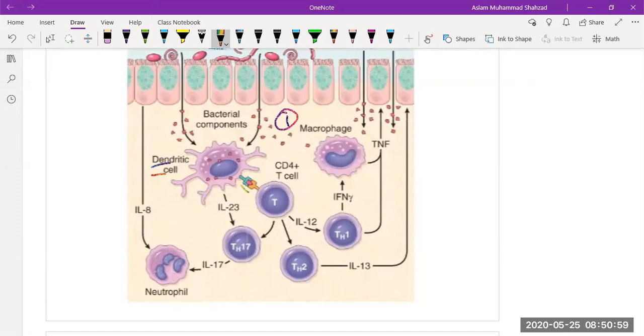These bacteria are responsible for forming the complex with the T cells at CD4.